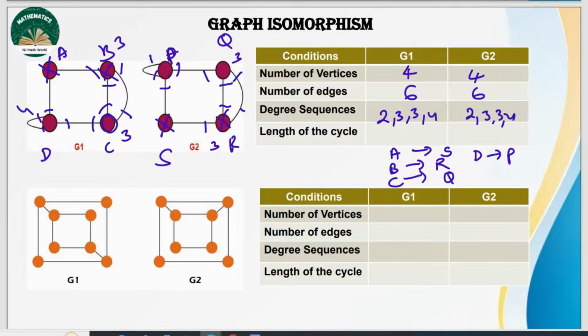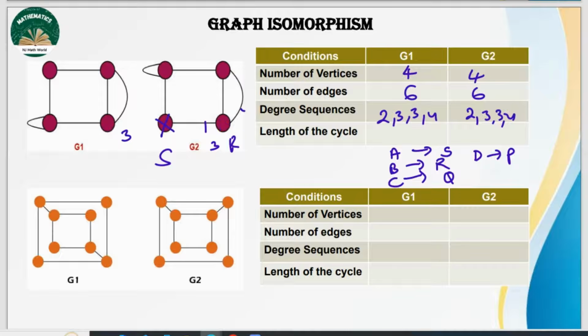So here, what is the length of the cycle? The length of the cycle is nothing but the number of edges formed by the cycle. So now suppose I take this cycle: 1, 2, 3 and 4.